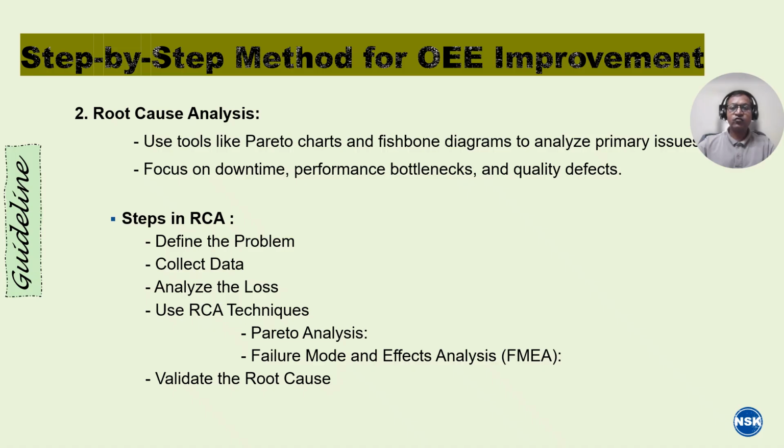Pareto analysis: focus on the most significant issues contributing to losses, the 80-20 rule. Failure mode and effect analysis, FMEA: assess potential failure points in equipment or processes. Fifth one is validate the root cause. Test or verify the hypothesis to confirm the true root cause. Use data and evidence to avoid addressing symptoms rather than causes.